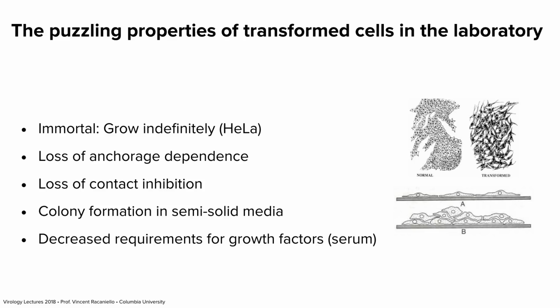Now, transformed cells have been known for many years in laboratories, and they have a number of interesting properties. We've already looked at the morphology of the cells, and if we look at the side of these cultures, you can see the normal cells, when they touch each other, they stop growing. The transformed cells keep growing, they keep dividing, they pile up and make stacks of cells and so forth.